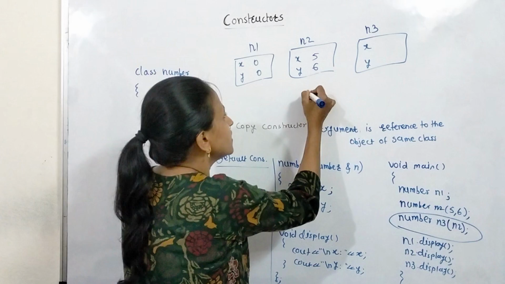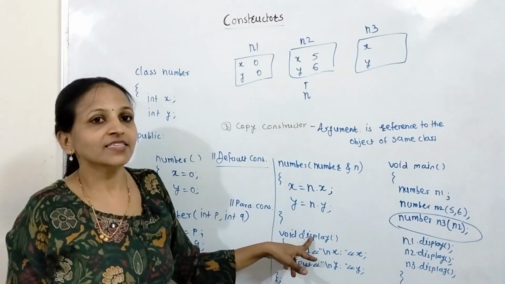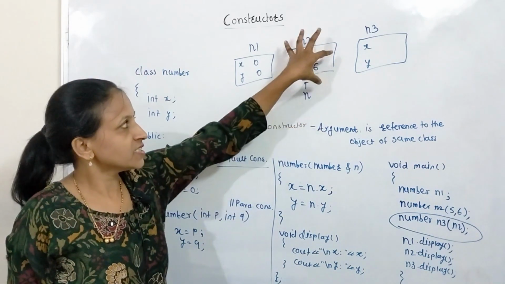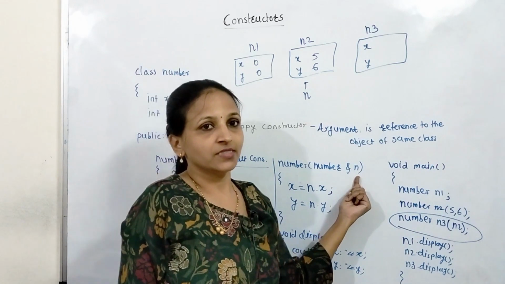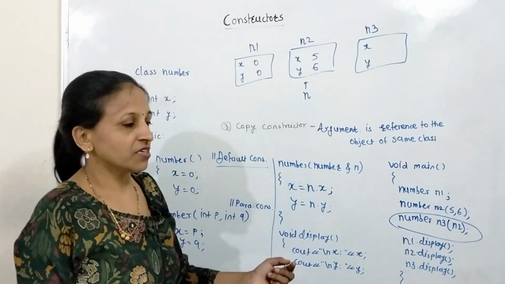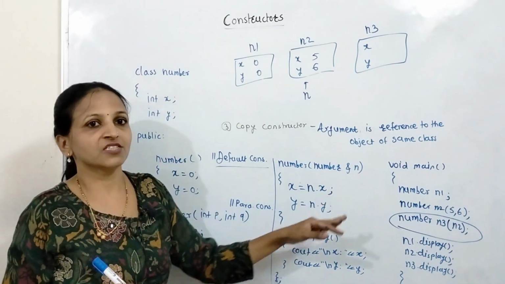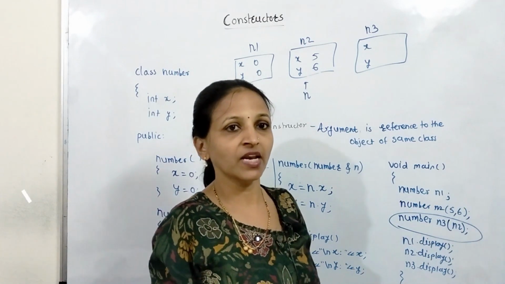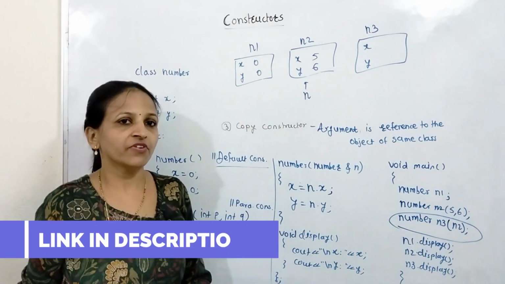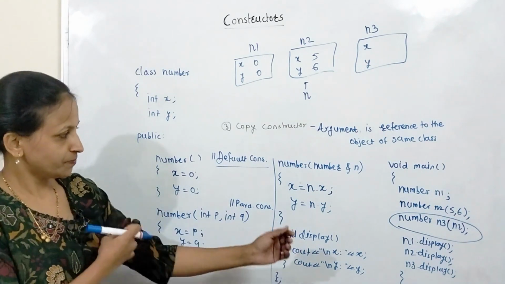That's why n is nothing but n2. Now inside this function we can access the n2 object using n. This is the approach here. Okay, now this is nothing but call by reference using reference variable. If you don't know about call by reference using reference variable, then just go through the video on call by reference in C++. Okay.